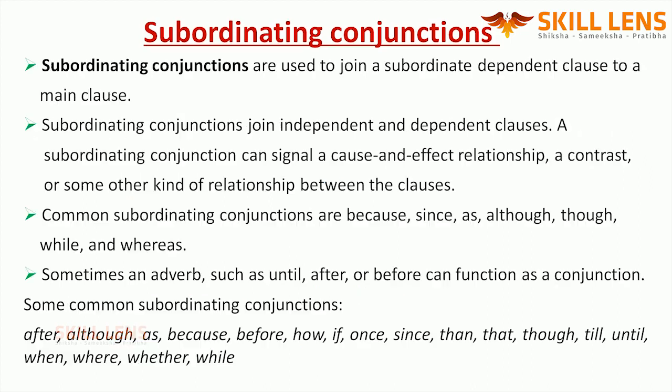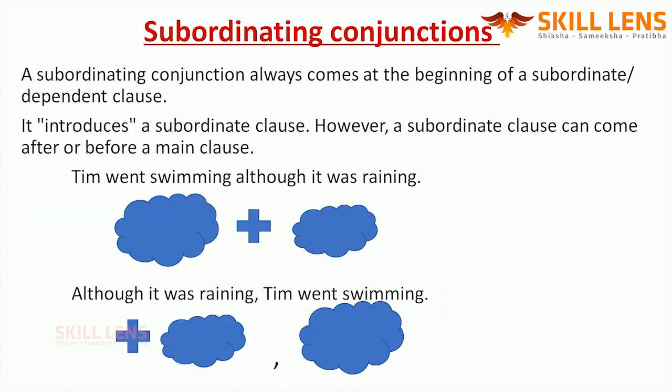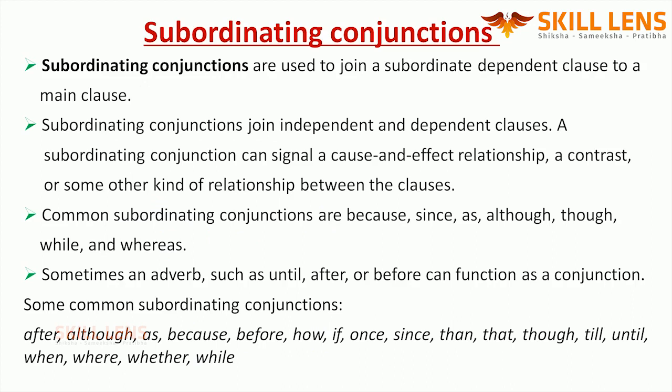Subordinating conjunctions are used to join a subordinate dependent clause to a main clause. Subordinating conjunctions can signal a cause and effect relationship, a contrast, or some kind of a relationship between the clauses. If we go back to the previous slide, here we are using although. It is showing a contrast. Though it was raining, Tim went swimming. That is the idea it conveys to us.